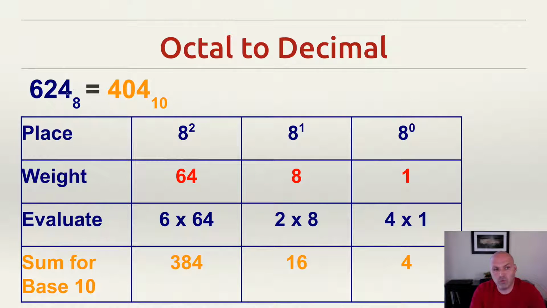Our value in the ones place is a 4, so 4 times 1 is 4. 8 to the power of 1 is an 8. We have a 2 in the 8th place, so 2 times 8 is 16. And then 8 to the power of 2 is 64, and we have a 6 in the 64 place. So we now have 384. 384 plus 16 plus 4 equals 404 in decimal.